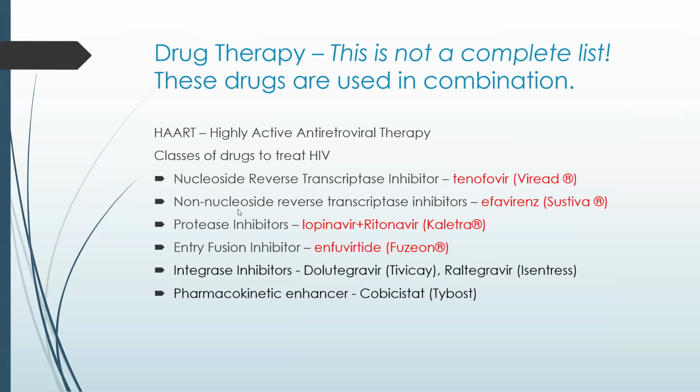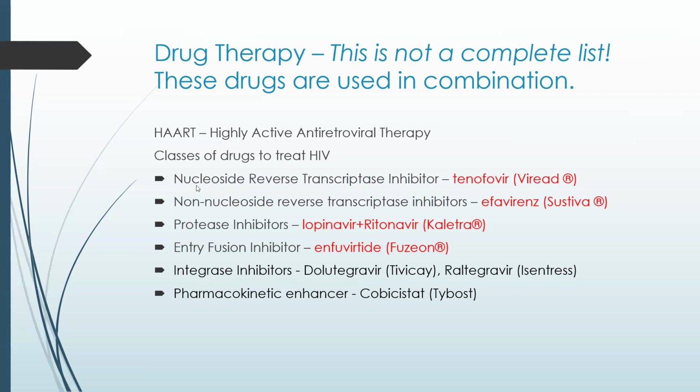There are many drugs in this category, and usually people are taking a cocktail. They call the group of drugs they take highly active antiretroviral therapy, HAART, and they usually take multiple drugs, a cocktail of different drugs, to help suppress the HIV replication.